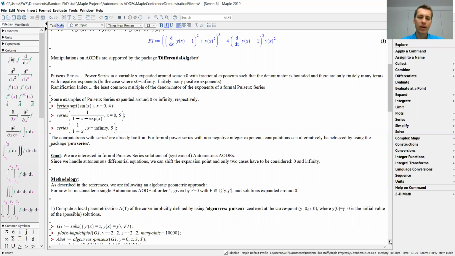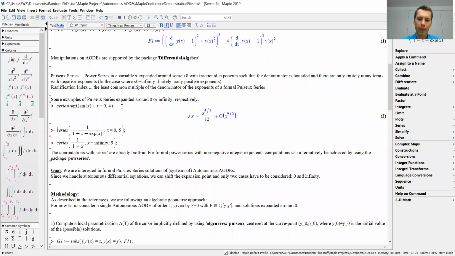Another important definition is the ramification index. It's the least common multiple of the denominators of the exponents. Let's go to some examples. If we have this series here, which is the root of the sine, then we have a ramification index of 2.